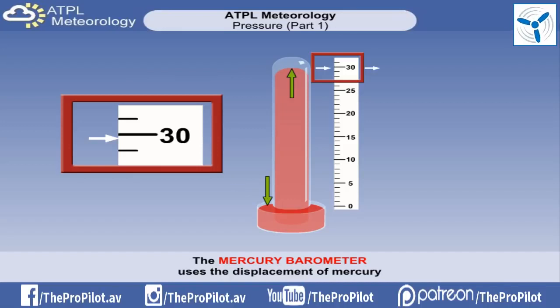When high atmospheric pressure is experienced, the force or weight of the atmosphere will depress the mercury in the open reservoir and force more of the mercury up into the tube. This displacement is traditionally measured in inches. The higher the column of mercury, the higher the atmospheric pressure.